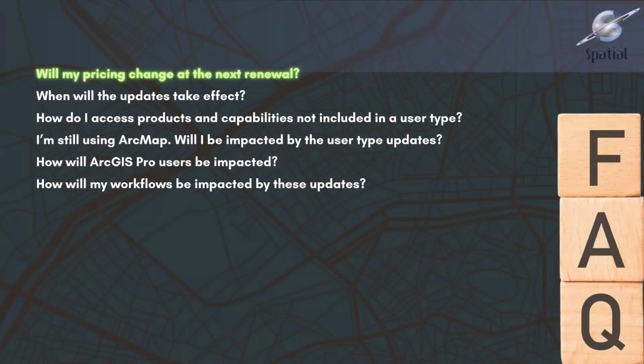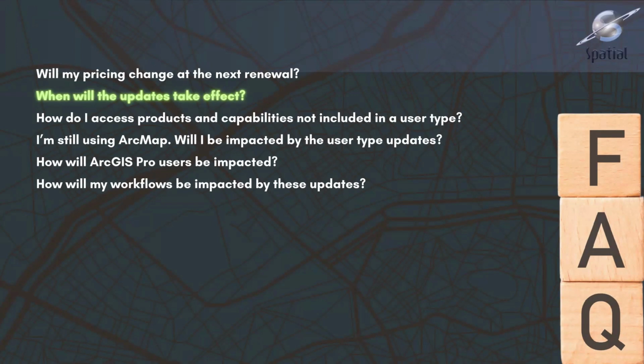And the next question we have is, when will the updates take effect? As we mentioned before, Esri will begin to enact the new user types for both Enterprise and Online from the 2024 release. The online users, as of June this year, would already see the updated user types with their release.